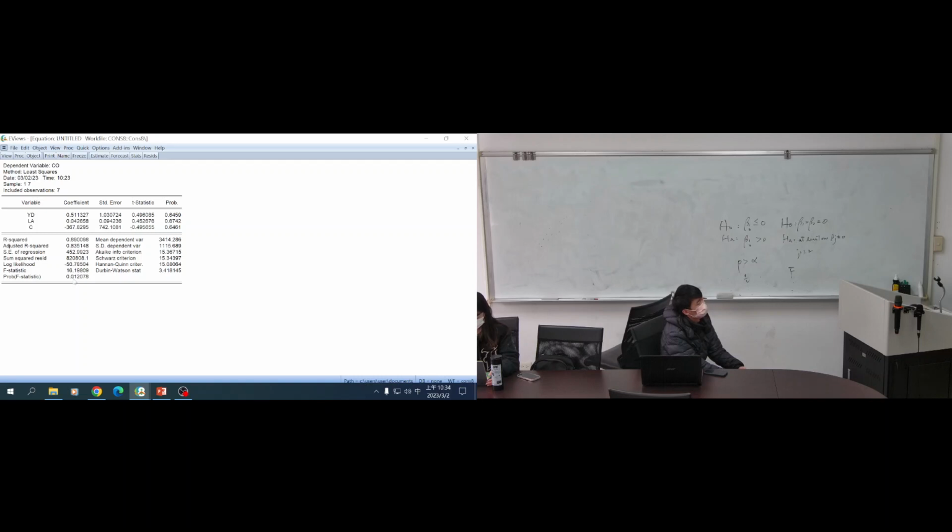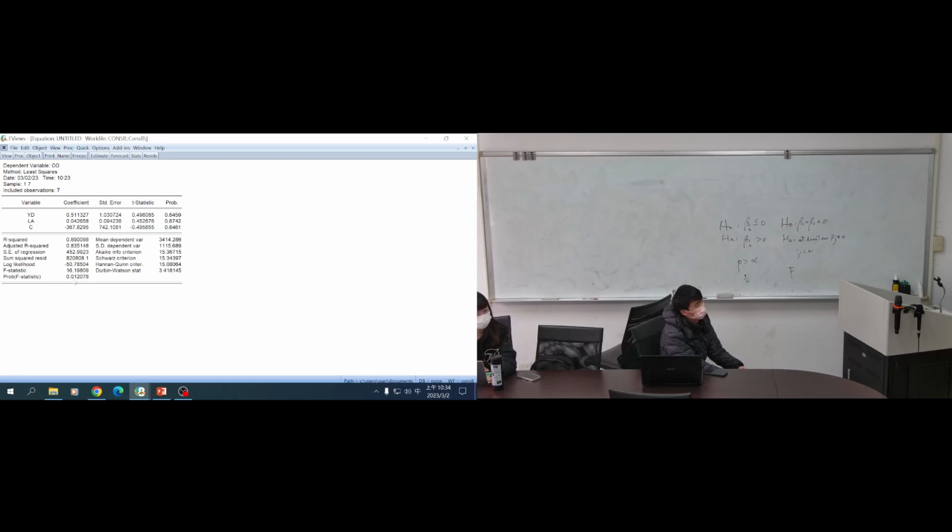So in other words, now I know there are problems with multicollinearity. Now what do you do? You may like to ignore one of them and just use either one.